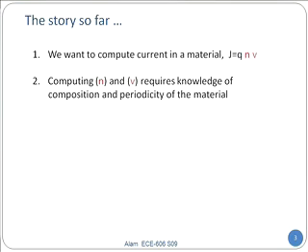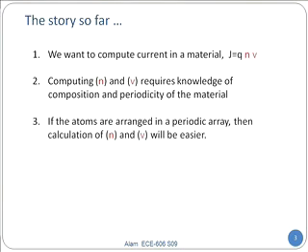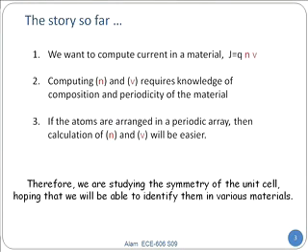Different materials will have different numbers. And the other one is velocity, that is, how fast they move in response to an electric field, for example, or a density gradient. And in order to do that, we want to understand the periodicity and the structure of the atoms. That's why we are trying to understand the symmetry, the number of atoms per centimeter cube for a particular material, and all sorts of basic information.